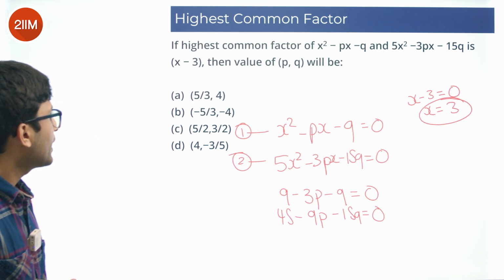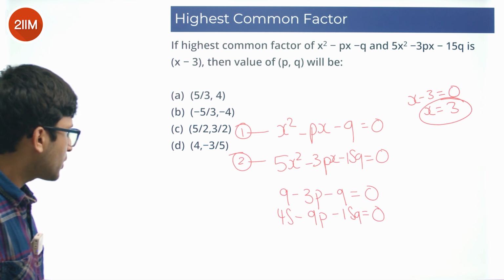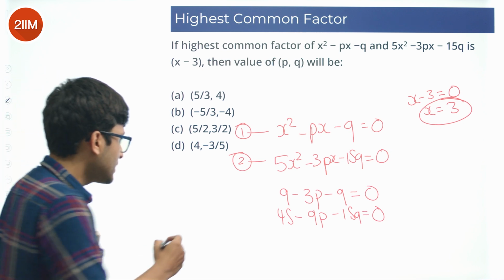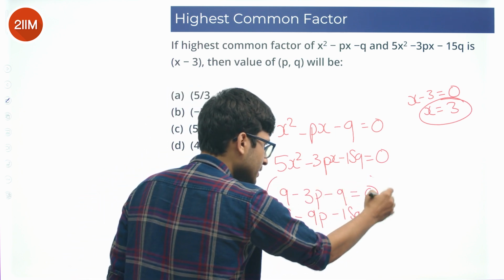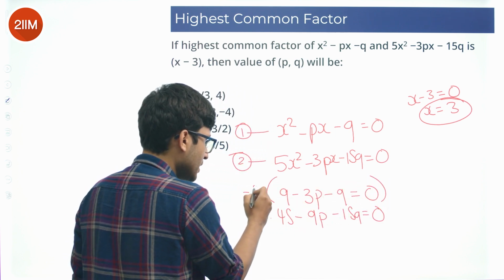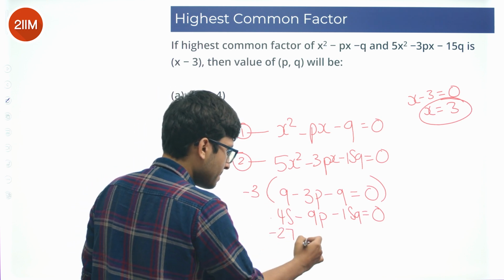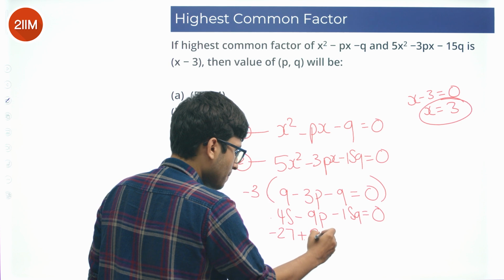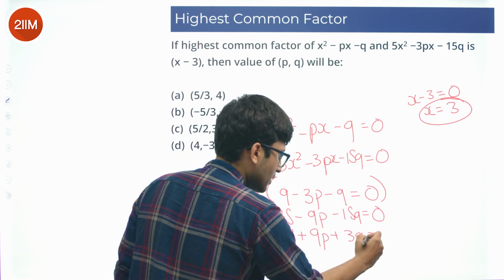Now what I need to find out is the values of p and q. So first of all, let us focus on one of the variables. If I multiply the first equation by, let's say, minus 3, then it would turn out to be minus 27 plus 9p plus 3q is equal to 0.